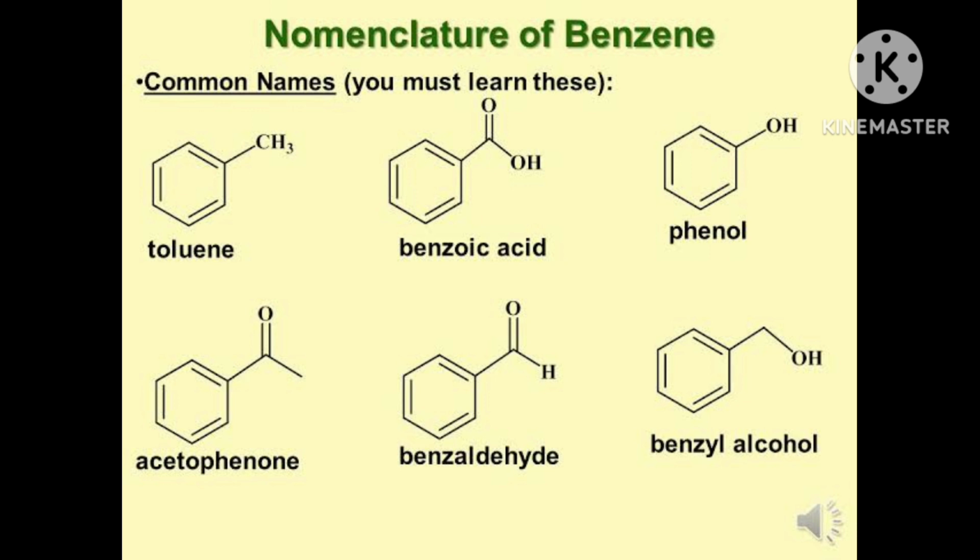In the trivial system of nomenclature, the terms ortho, meta and para are used. Previously it was known as ortho, meta and para. Ortho is denoted by small o, meta by small m, and para by small p.